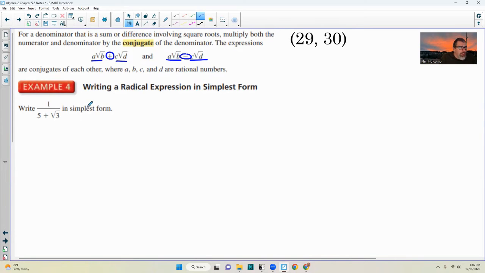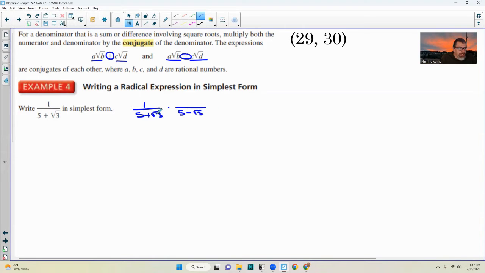So here is a radical. It says write it in simplest form. So 1 over 5 plus the square root of 3. I don't want a radical in the denominator, so I'm going to multiply by the conjugate. The conjugate of 5 plus the square root of 3 is 5 minus the square root of 3.